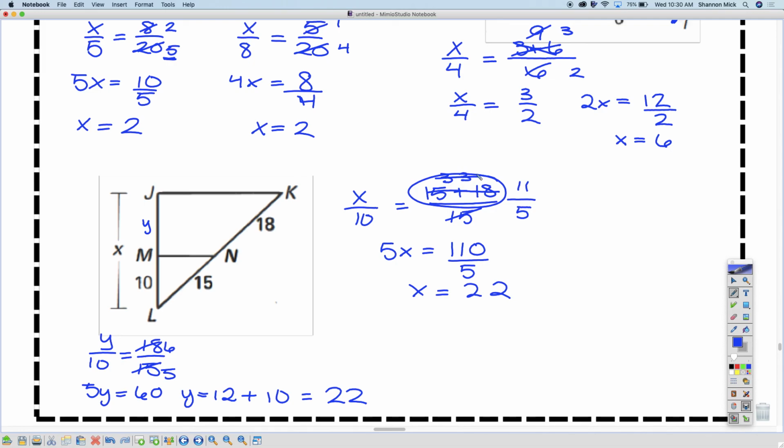So, am I wrong the way I did it? No. I used what I remembered. Is there a way that is more efficient? Yes. Now, if I would have stopped at 12, would I have been wrong? Yeah, because it wants the whole thing. So I'm very rarely in my classroom going to tell you you have to solve it with this formula if there's other ways to do it.